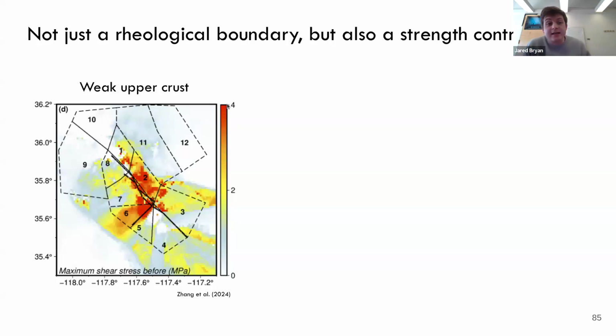Typically what they see is that the upper crust needs to be quite weak. So maybe a maximum of 4 megapascals of supported shear stress before the earthquake. Then the stress drop is not very big, but it still rotates the orientation of these focal mechanisms. So that's an argument for why the upper crust must be pretty weak.